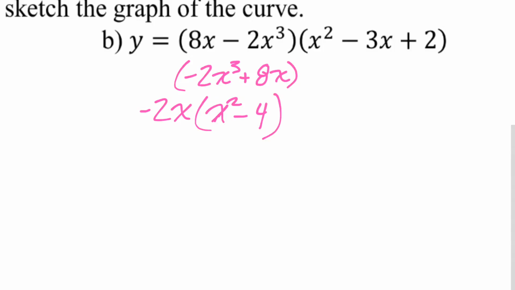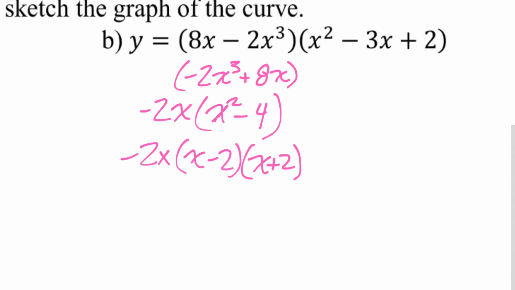Minus 4. How do I know that is correct? Because negative 4 times negative 2 is 8, giving me my coefficient, and times x is giving me 8x. So I'm happy, and I'm about to be even happier because I recognize that this is a difference of squares, which will factor as x minus 2, x plus 2.